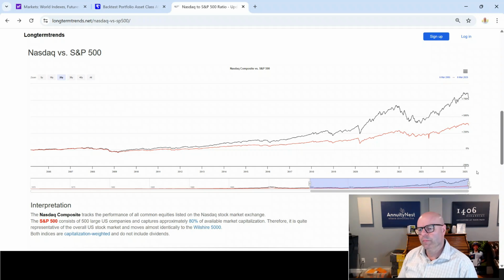The flip-flopping of that is tough to predict, right? Very tough to predict. But I think the NASDAQ is a bona fide investment solution. It can produce superior results to the S&P, but it's not a given.